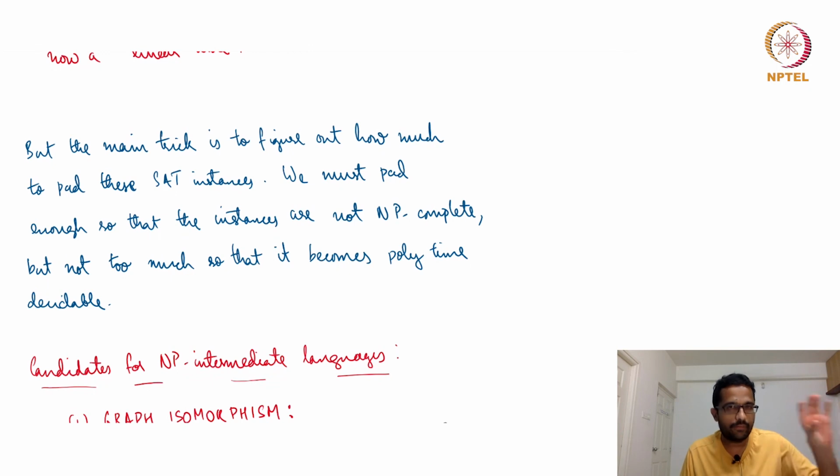It figures out how much exactly to pad by, so that it comes out of NP complete but does not fall into P. That is the idea of the proof, and it uses diagonalization as well, amongst other things. The diagonalization is used to show that it is not in P, right?